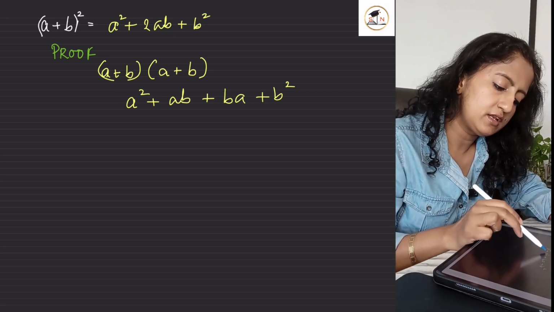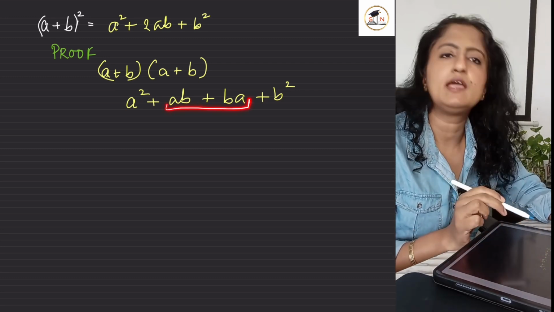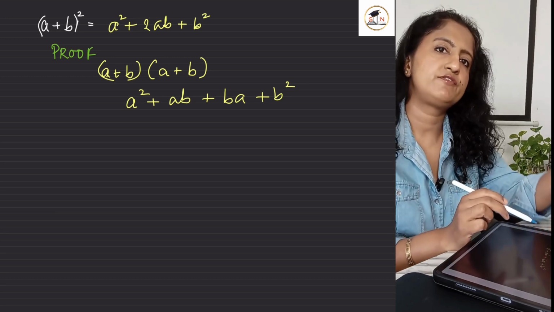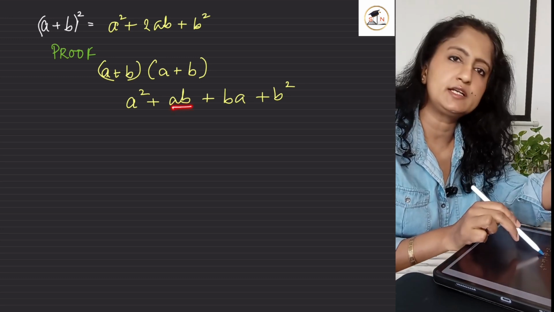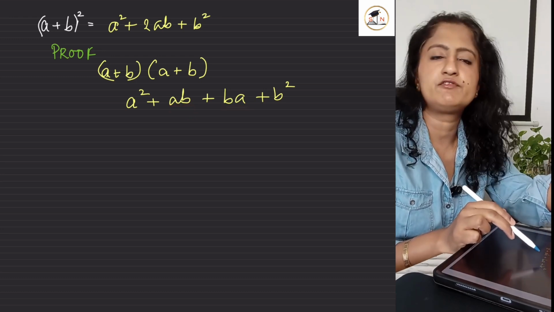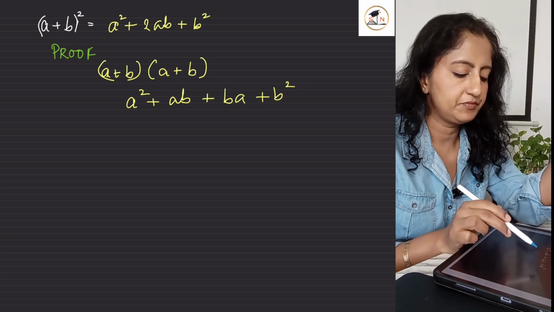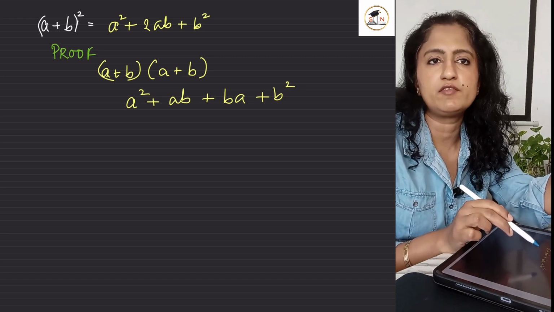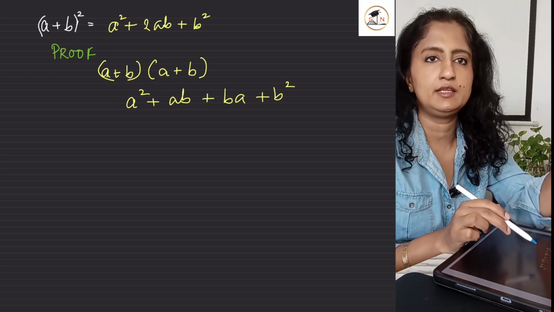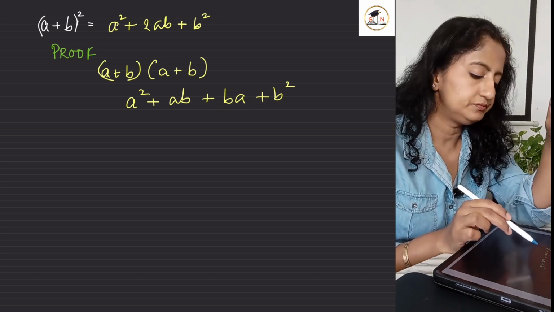Over here, ab and ba are the same. In the first term ab is written with a coming first, but in the second term b is written first, and that doesn't make any difference. These terms are commutative in nature, which means whether you write ab or ba, they are absolutely identical.